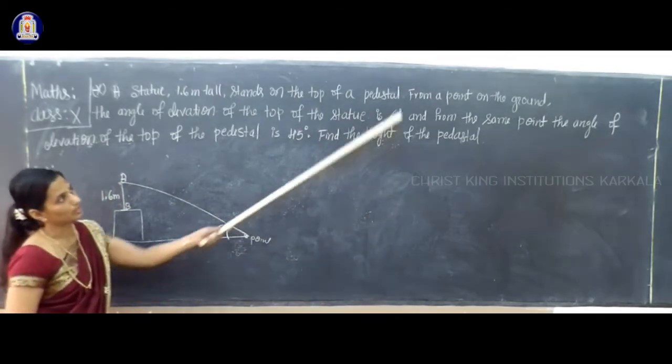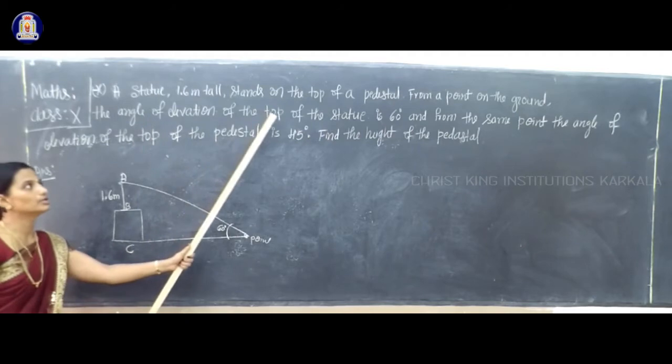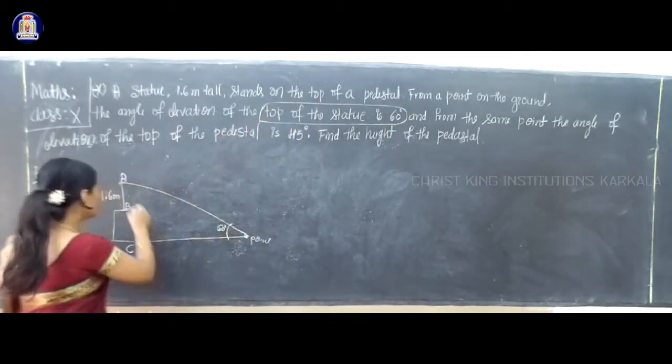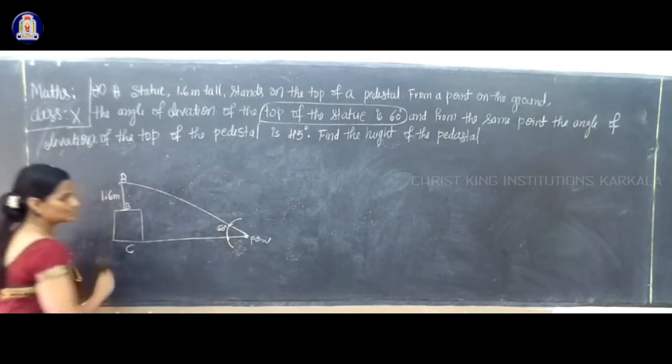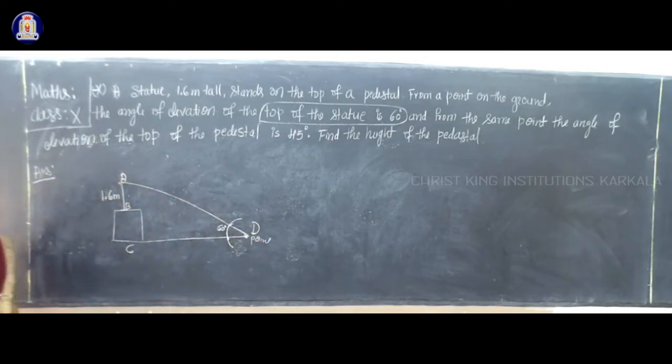So this angle is 60 degree. Take that point as D.